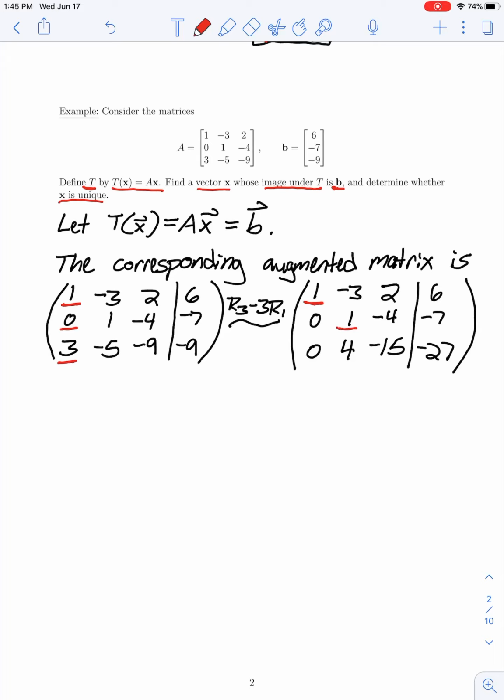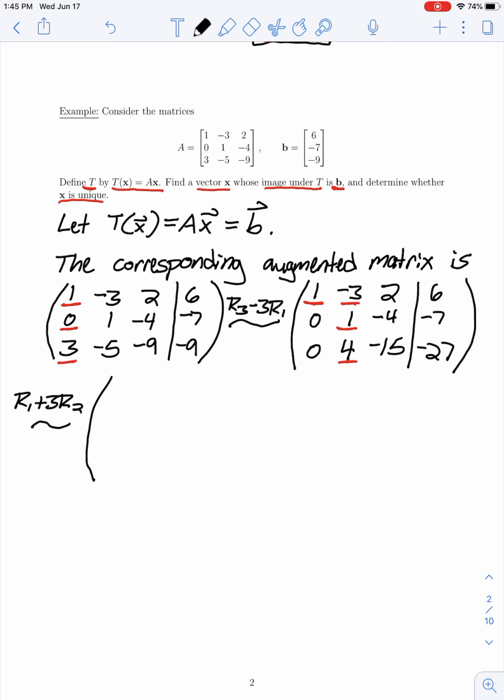In our second row, we have a leading entry of 1, and we need to eliminate the negative 3 and positive 4 that appear above and below it. So, to eliminate the negative 3 in the first row, I would take row 1 and add to it 3 times row 2.